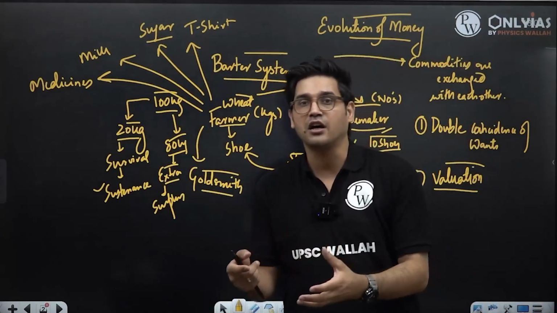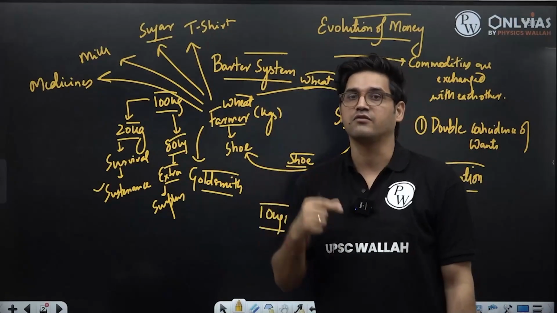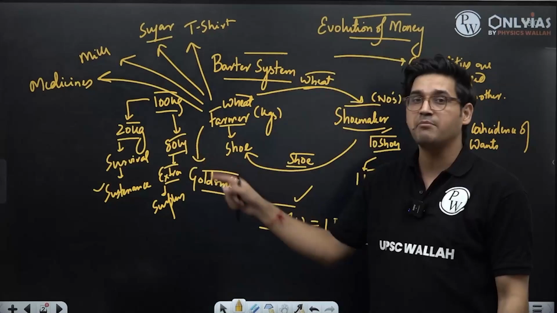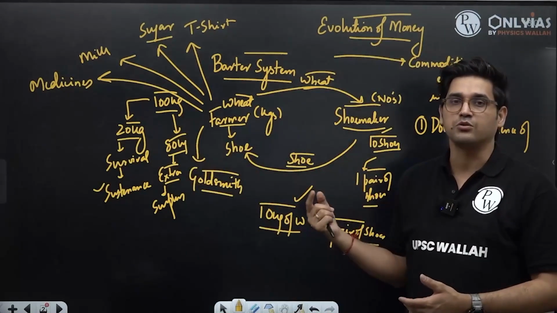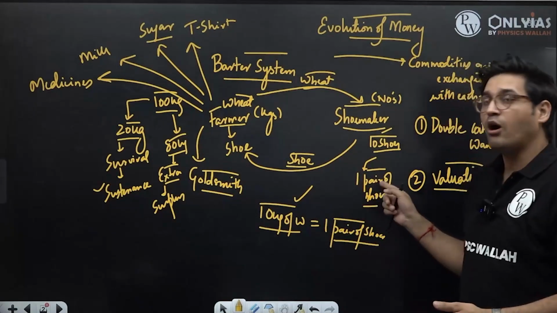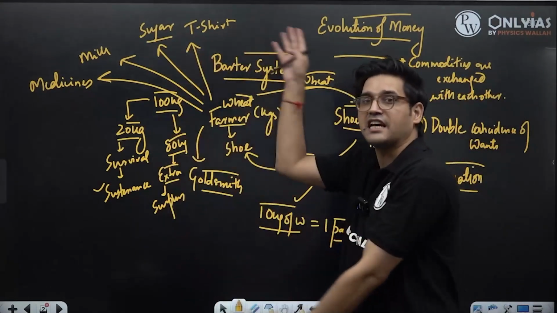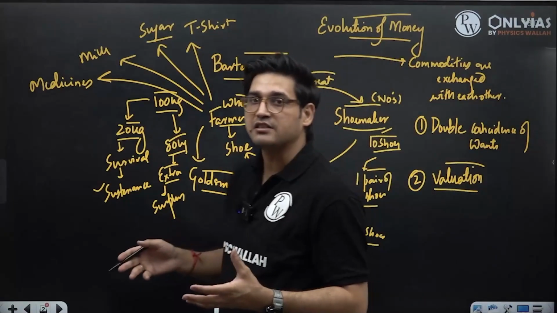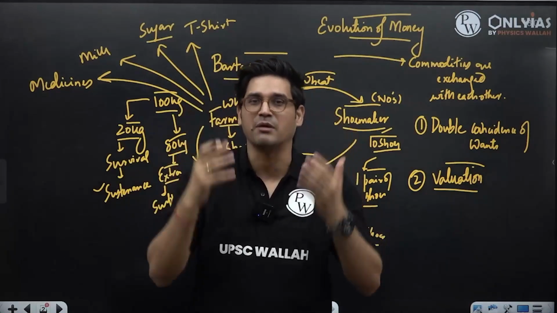If a herder comes to the shoemaker, how many goats can he ask for in return for one shoe? If the farmer came to me, how much wheat would I ask for in terms of one shoe? The value of one of my commodities has to be expressed in the form of many commodities, and all of these exchange rates or all of these prices expressed in the form of commodities I will have to remember.